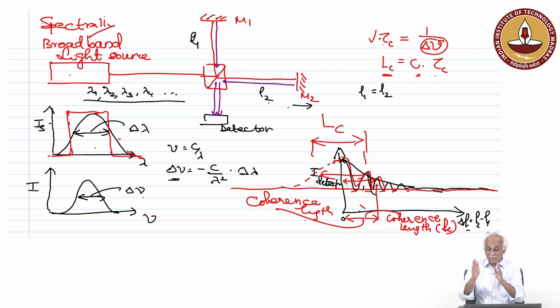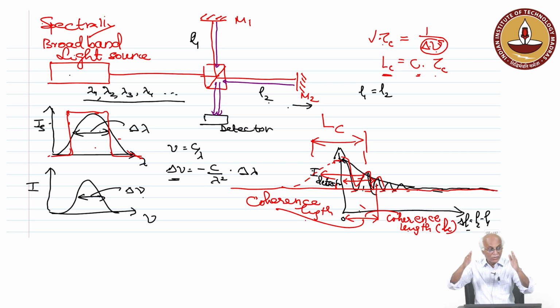So, tau c represents basically the time required, a very small length, within which all the waves have almost the same phase.